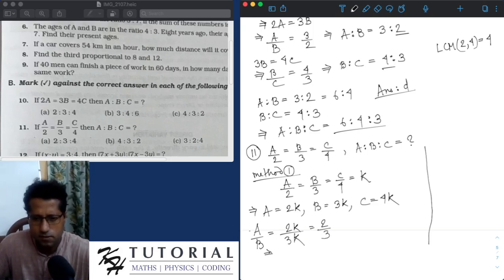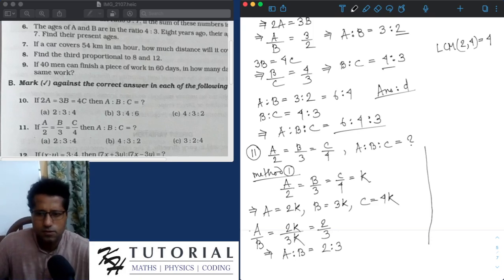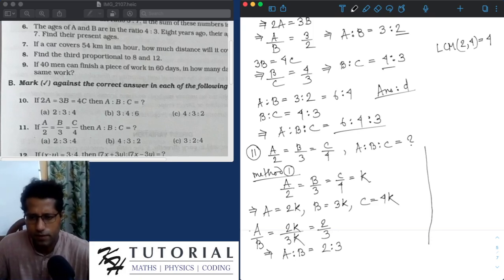This implies a is to b equals 2 is to 3. Similarly, we will get b by c equals 3k by 4k, this is 3 by 4. This implies b is to c equals 3 is to 4.